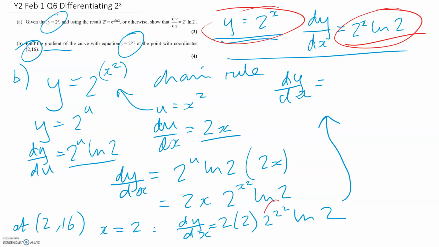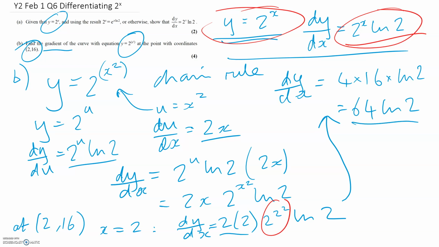So this here is going to give us 16. We're going to times that by 4, and then we've got to times that by ln 2. So it's 64 ln 2. It doesn't say to leave it exact or as a decimal, so I would just leave it exact like that, and I'm sure that's fine.